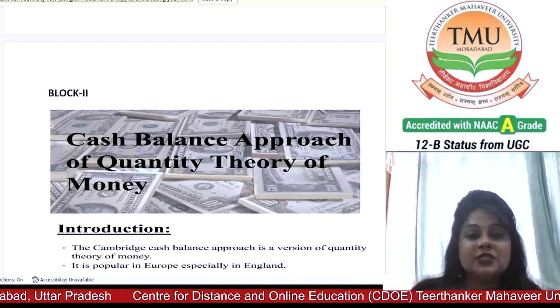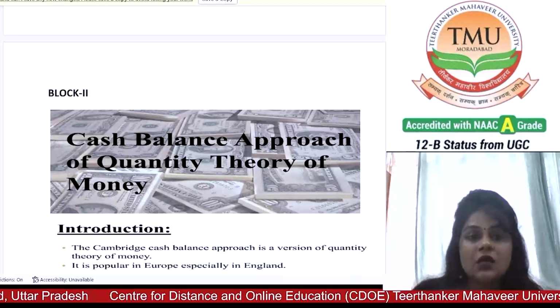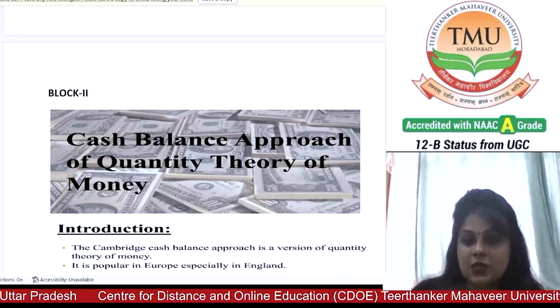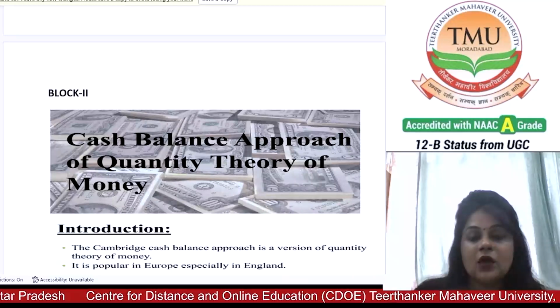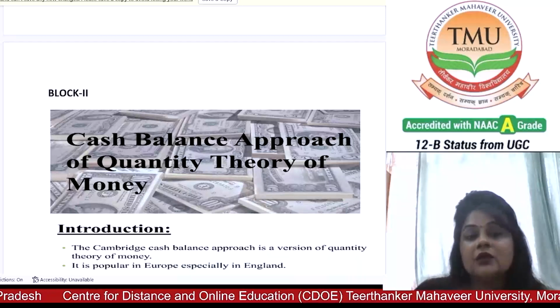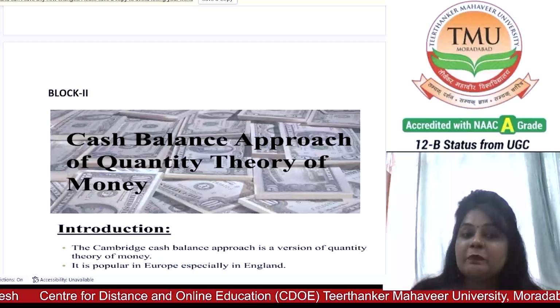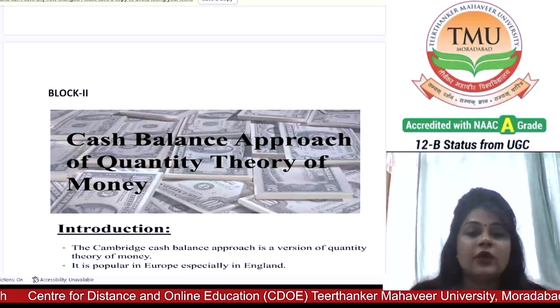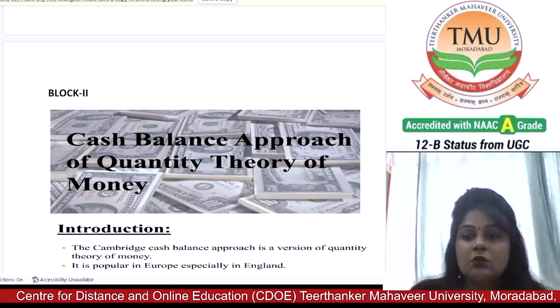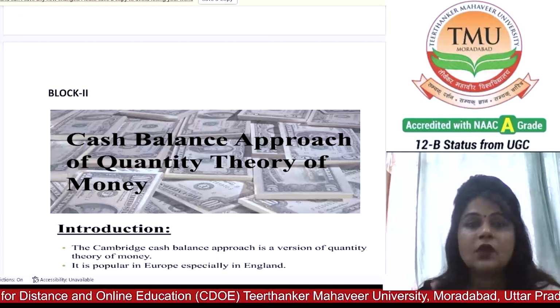In the 20th century, economists such as Irving Fisher, Marshall, Pigou, Robertson, and others addressed the theory extensively. Professor Milton Friedman has put forward the modern quantity theory.